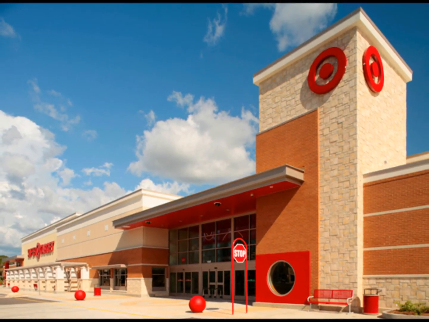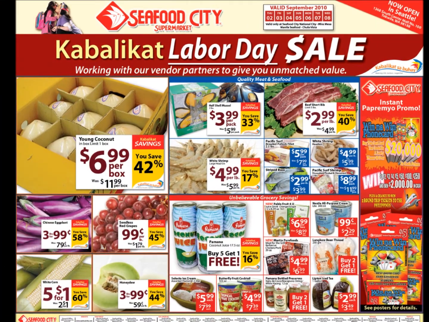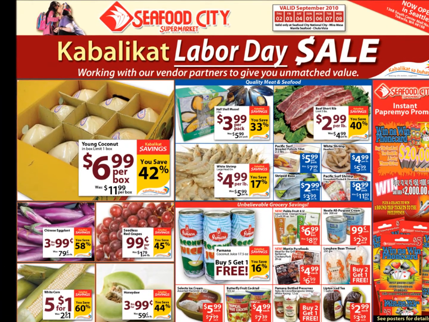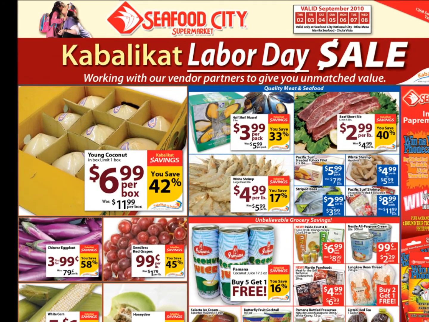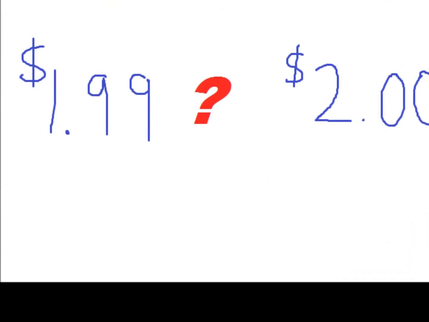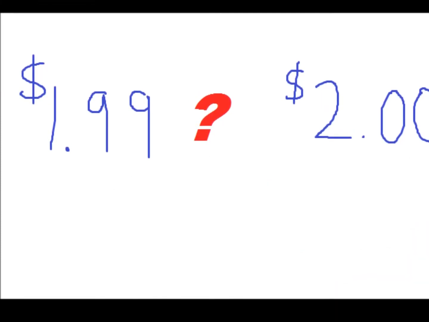Every time you buy an item and make change, you are working with decimals. Have you ever noticed how many prices end in 0.98 or 0.99? That's so you think that the item costs less than it does.